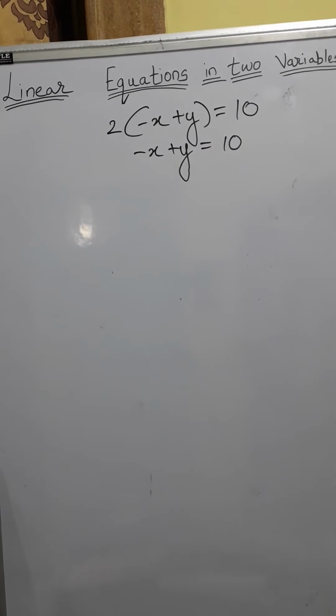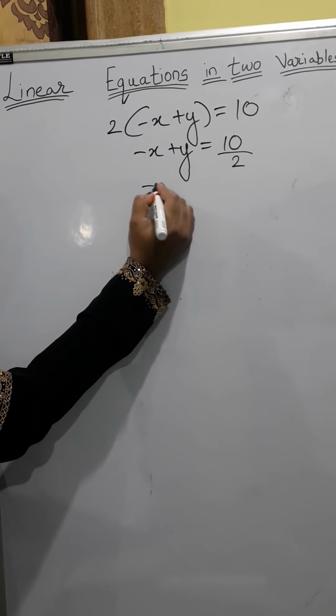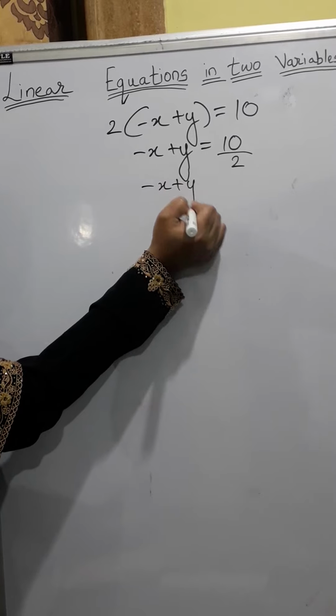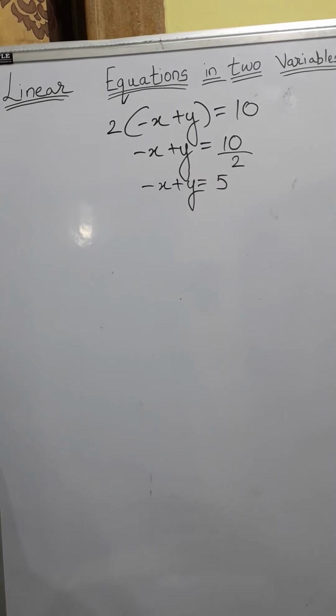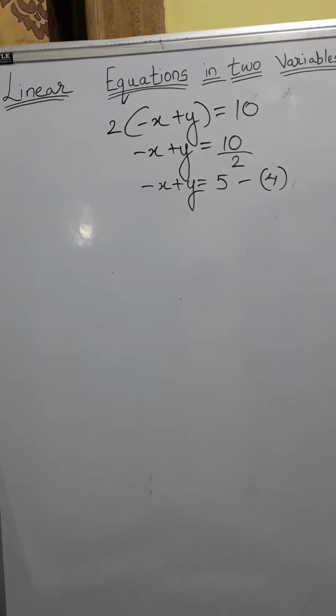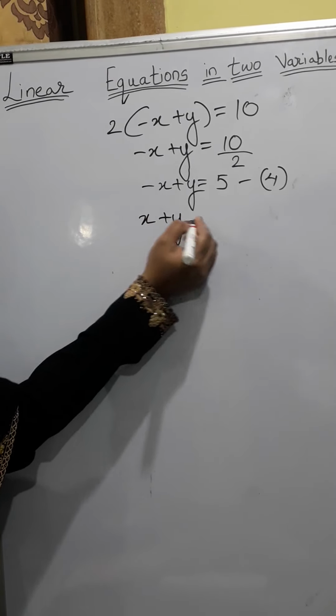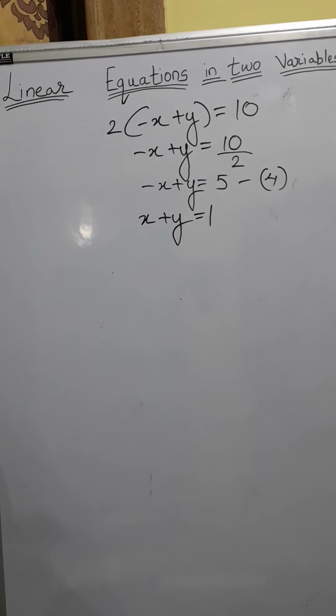2 is multiplying here with the variables. When we take it to the other side of the equation, it will go and divide. So now we got another equation, this equation we will consider as equation number 4. So now our equation number 3 was x plus y is equal to 1, and equation number 4 is minus x plus y is equal to 5.